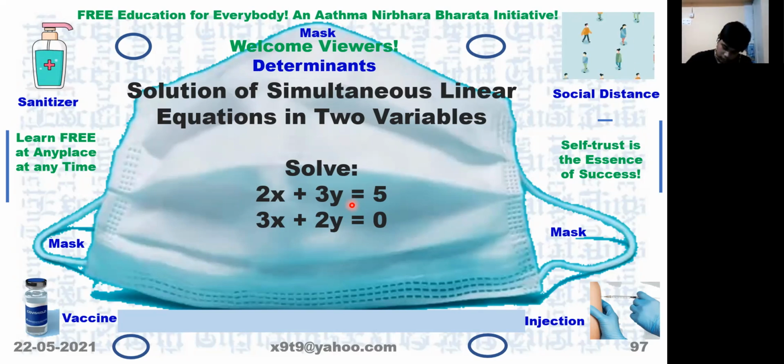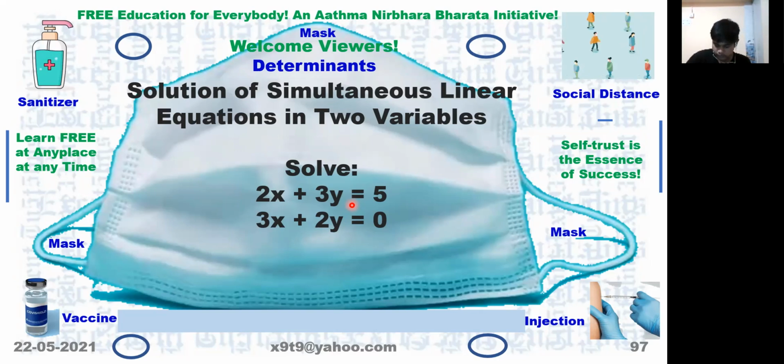So let delta x be 5 into 2 minus 0 into 3. So delta x is equal to 5 2s are 10, 10 minus 0.